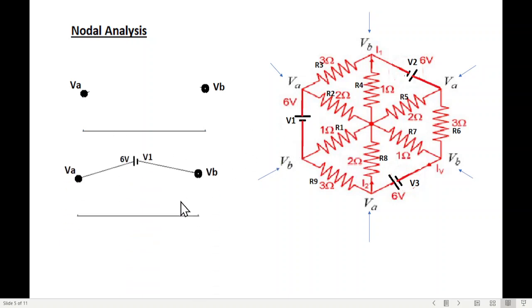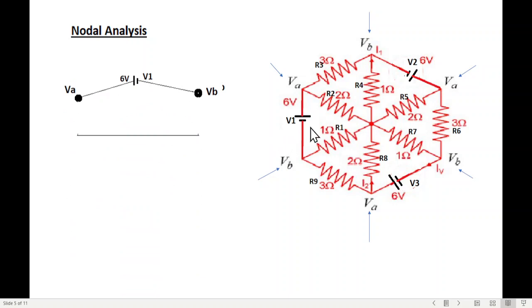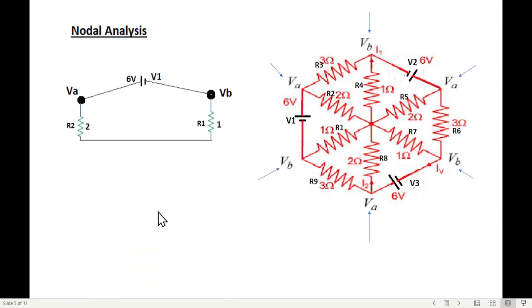So the first thing we'll do is connect the batteries. We are connecting this V1 battery of 6 volt, and then with this we have 2 resistances, R1 and R2. So let's connect these 2. R1 is connected with VB and R2 is connected with VA. And then we move to the next one, and you see R3 is also between VA and VB.